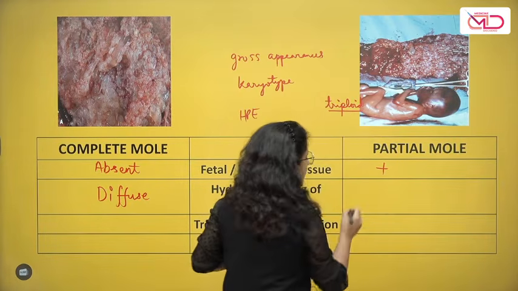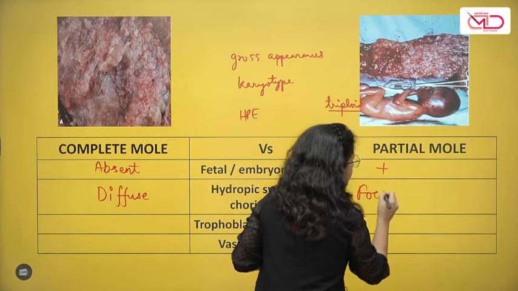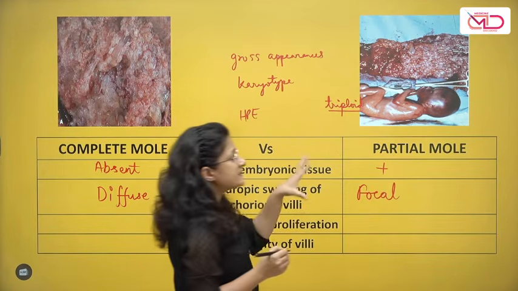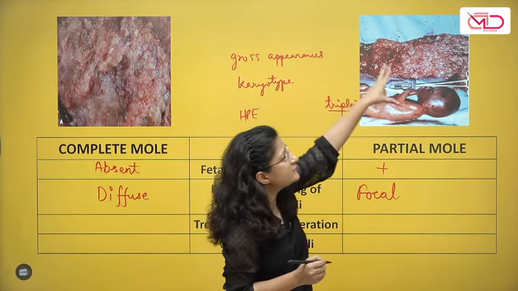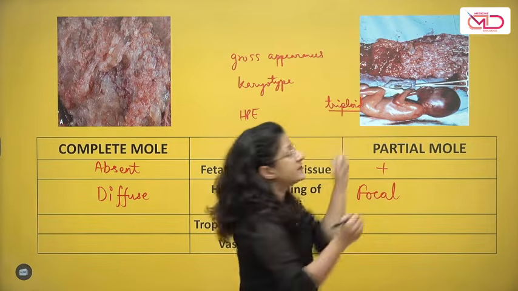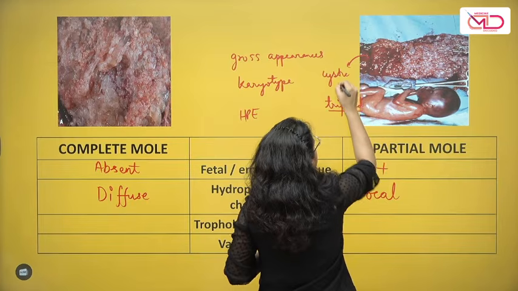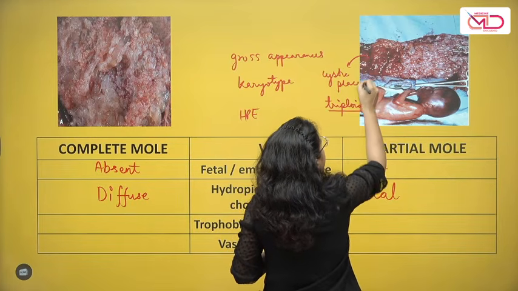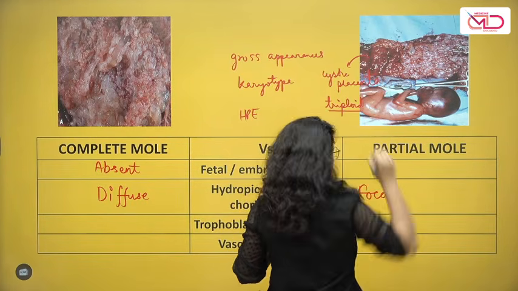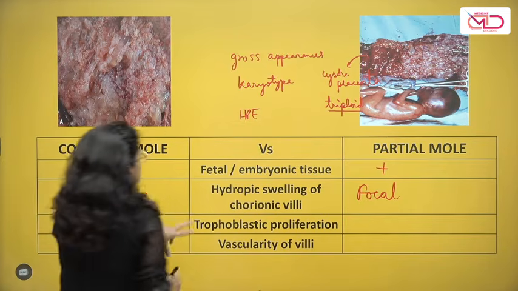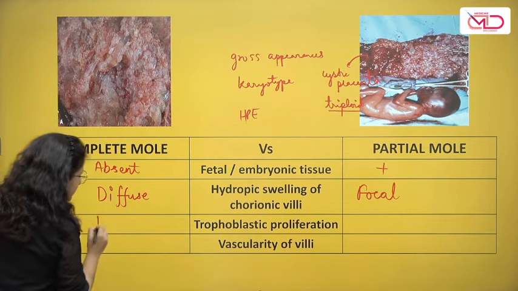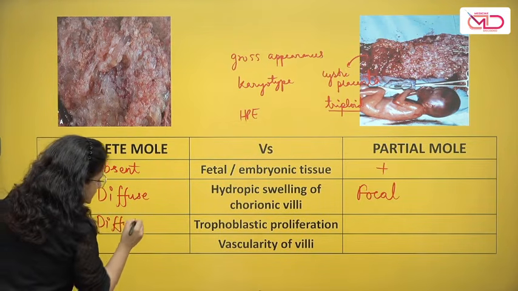So it is focal and not diffuse. All right, so that is another difference, and that can give rise to a cystic placenta here. Now the trophoblastic proliferation in a case of complete mole is also diffuse.